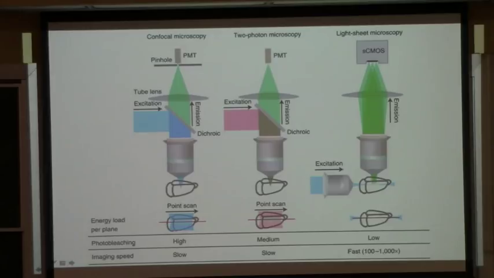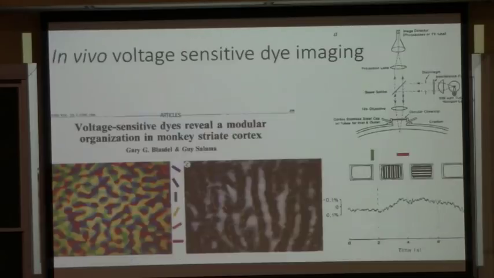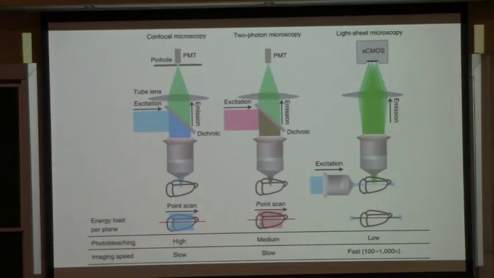So the light sheet will be very fast compared with the confocal and 2-photon. But the photobleaching, which we said is the decay of your light, sort of a waste of your energy, is higher for the confocal than the 2-photon. These three are all fluorescent microscopy.